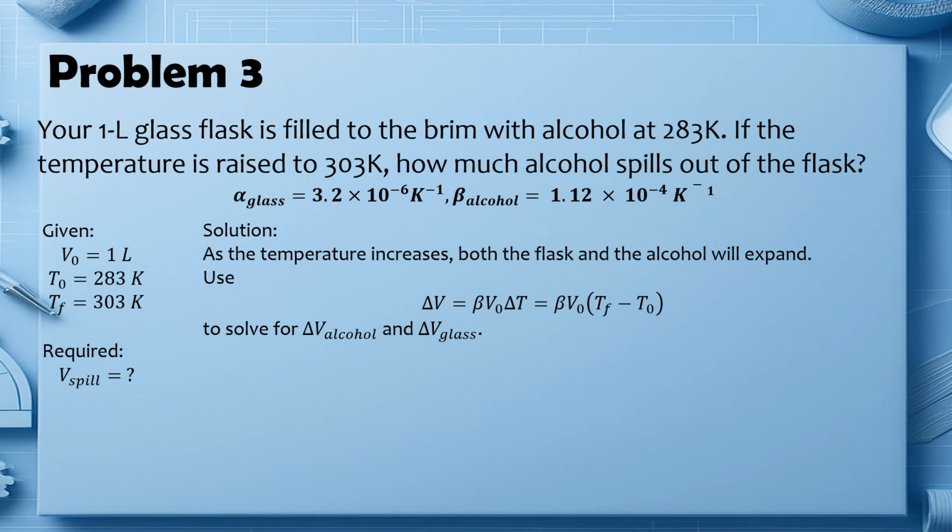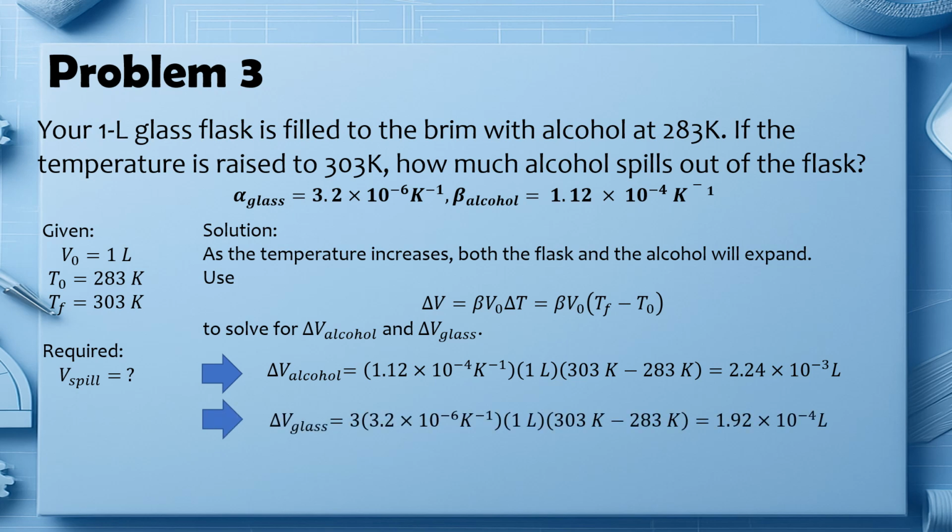As the temperature increases, both the flask and the alcohol will expand. So let's solve for the change in volume of the alcohol and then the change in volume of the glass. The spill should be the change in volume of the alcohol minus the change in volume of the glass. So we have 2.048 times 10 raised to negative 3 liters.